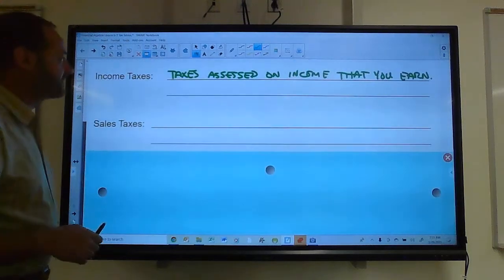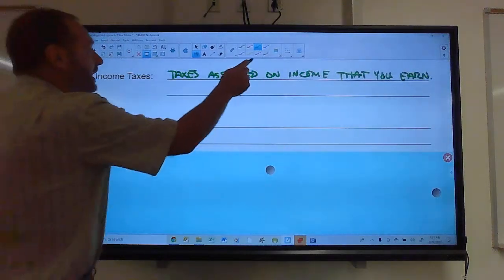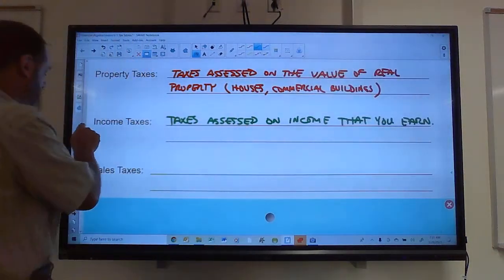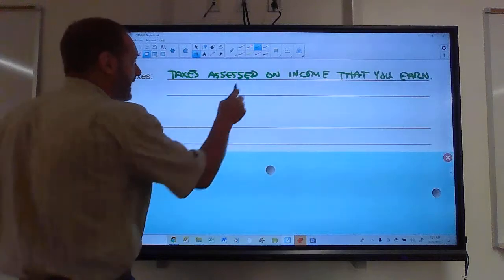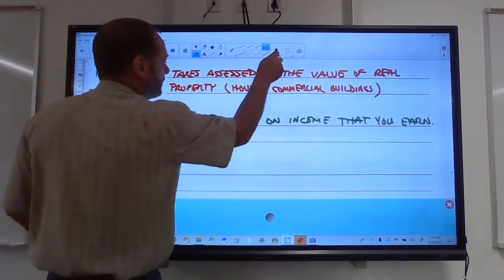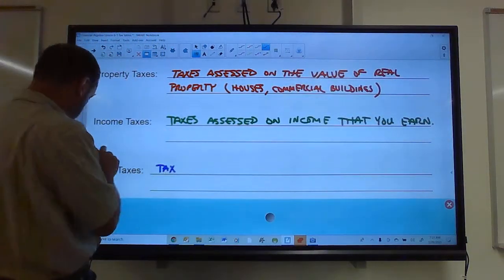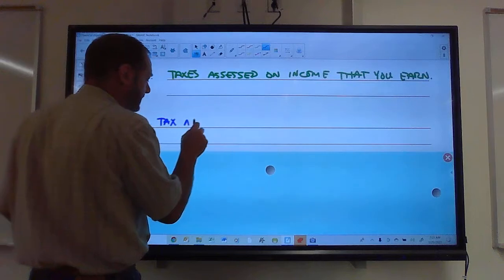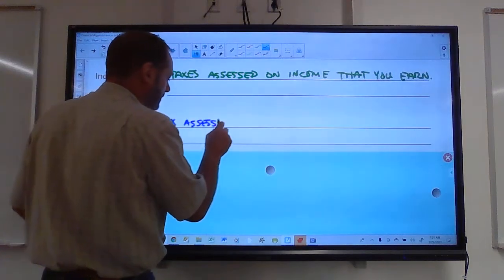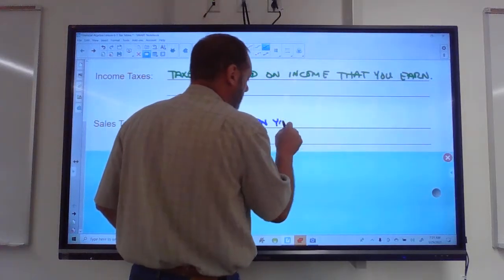Okay, sales taxes. We don't have one of those in Oregon, but most states do. So a sales tax is a tax assessed when you purchase something.